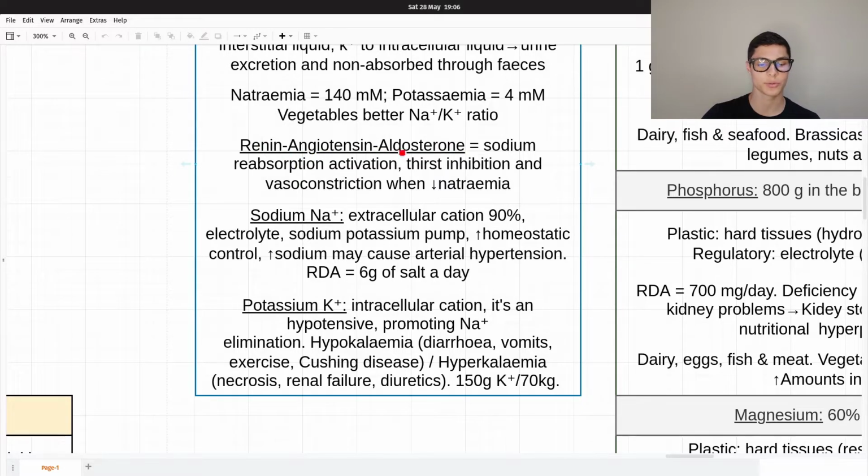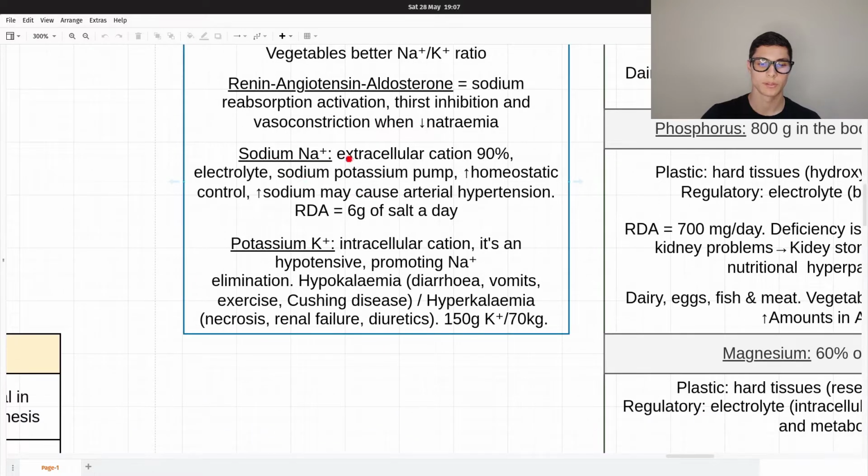This is a very important regulation by hormones which regulates the natremia. If sodium is low, natremia low, they will activate the sodium reabsorption, the thirst stimulation so we ingest water, and the vasoconstriction.